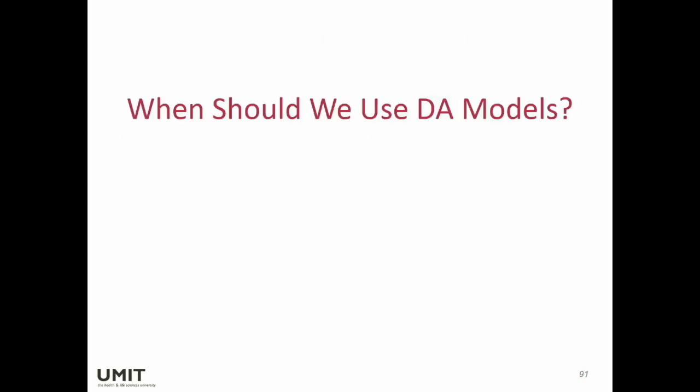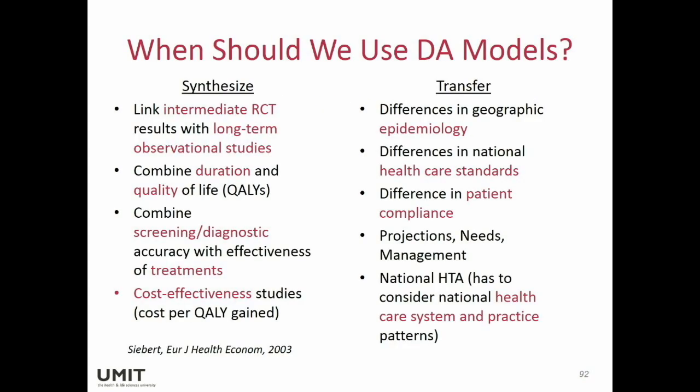But when should we now use decision-analytic models? There are a couple of good reasons. First of all, if we want to synthesize information from different sources and we want to link intermediate randomized controlled trial results with long-term observational studies.